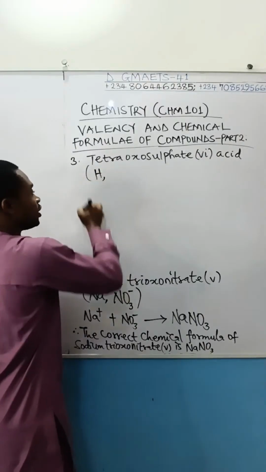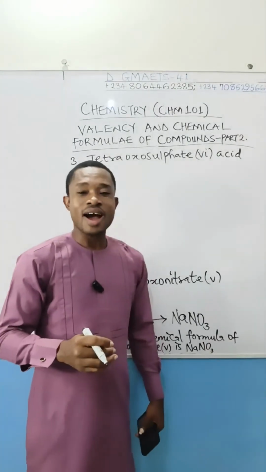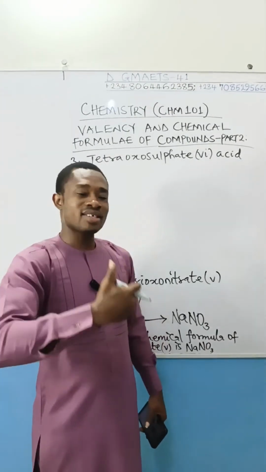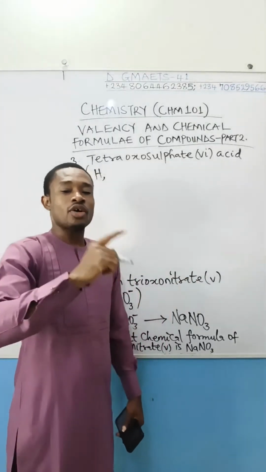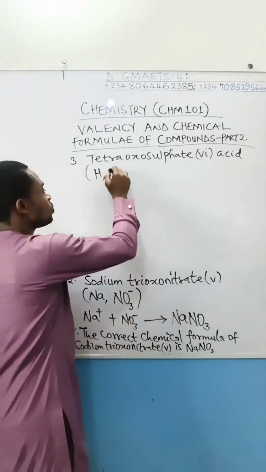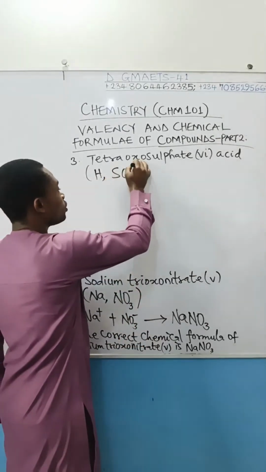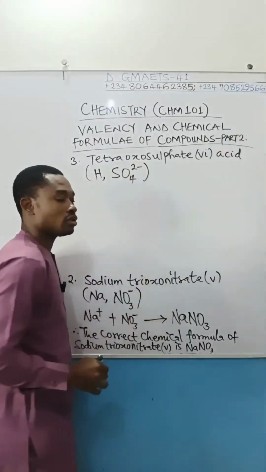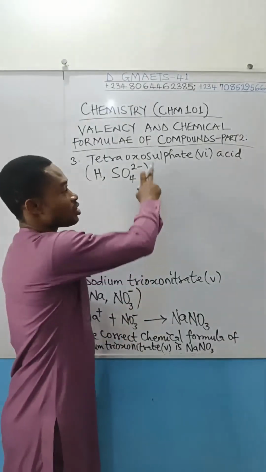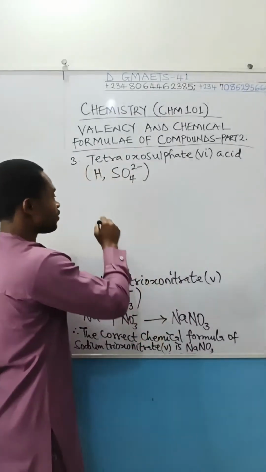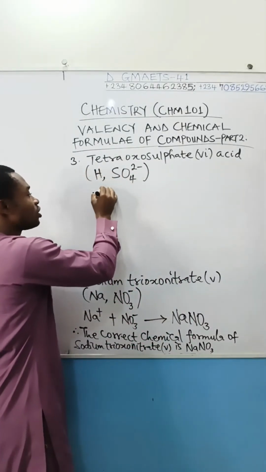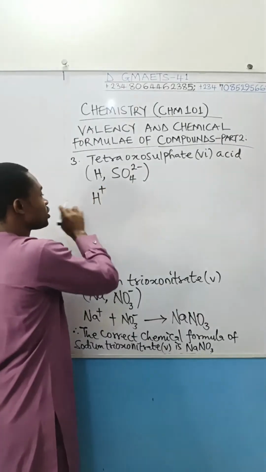So we go based on what I've said here. We have hydrogen here. Hydrogen is the first guy. I also pronounce this as hydrogen tetraoxosulphate 6. Now, the tetraoxosulphate 6 is a radical where you have SO4 2 minus. Good. So these are the components of this acid. Using the knowledge of their valencies, we can now find out the valency of hydrogen is +1.